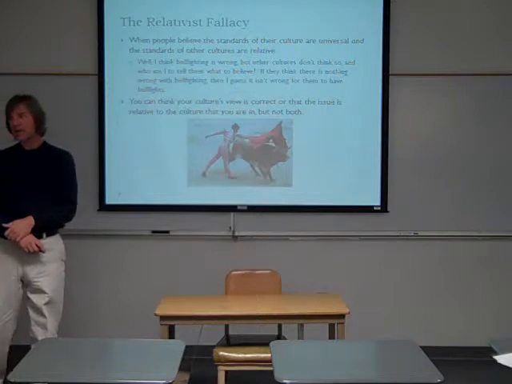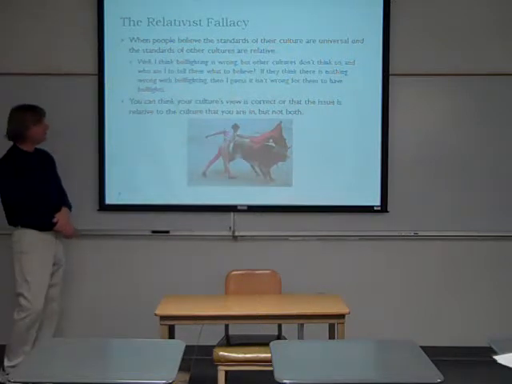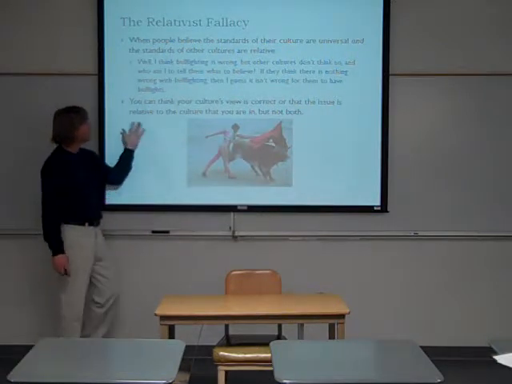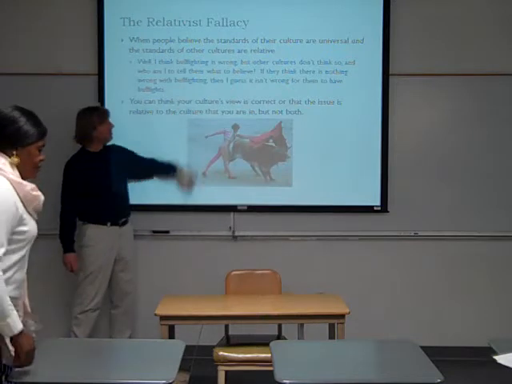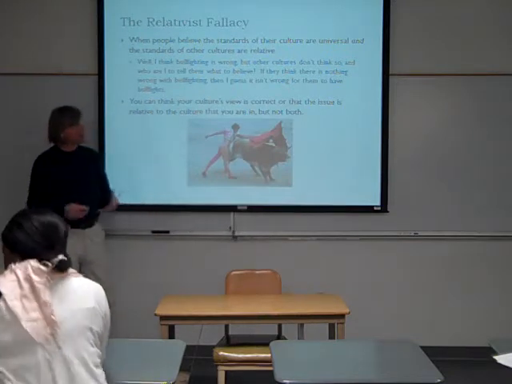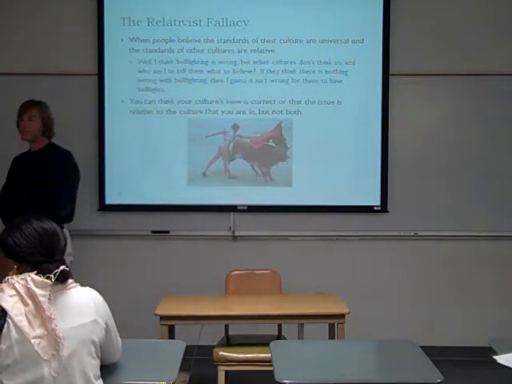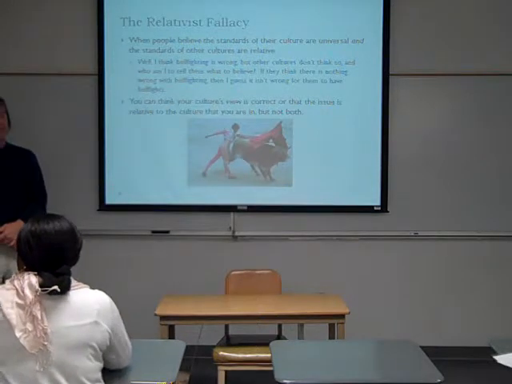You can't apply different standards to different groups. So you can either think that all values are relative to the culture that they're in, or you need to think that all values can be absolutely correct in some sense, but you can't think both at the same time.